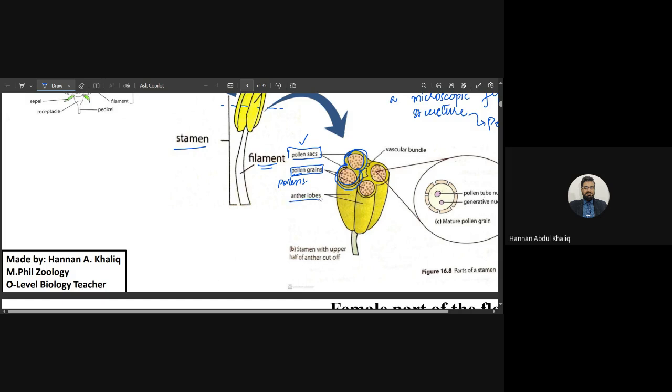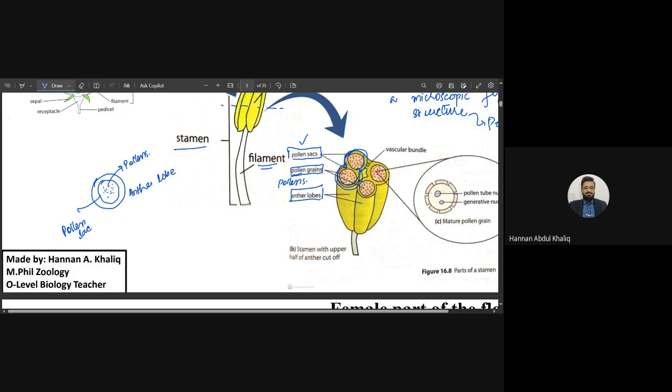These eight shaped things are called anther lobes. You can say the outermost part is the anther lobe. The inner part is the pollen sac, and inside of it you would find the small pollens. These are pollens or pollen grains.